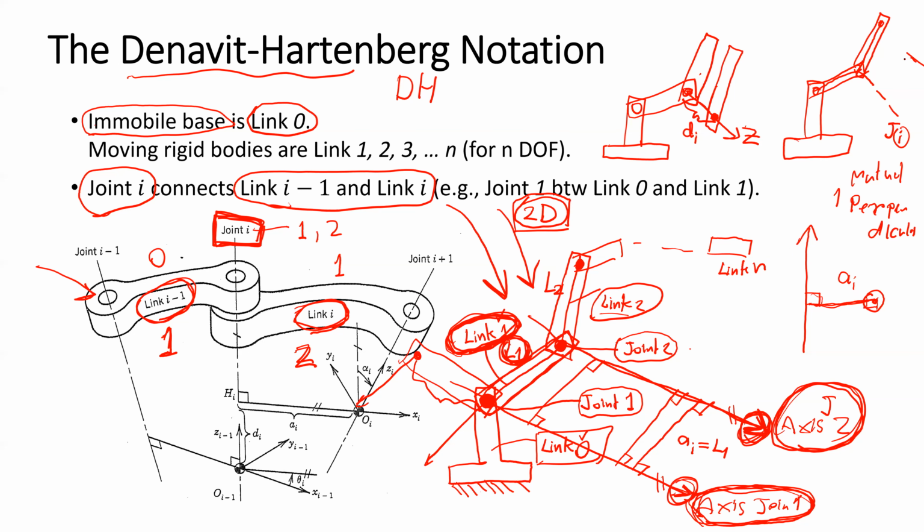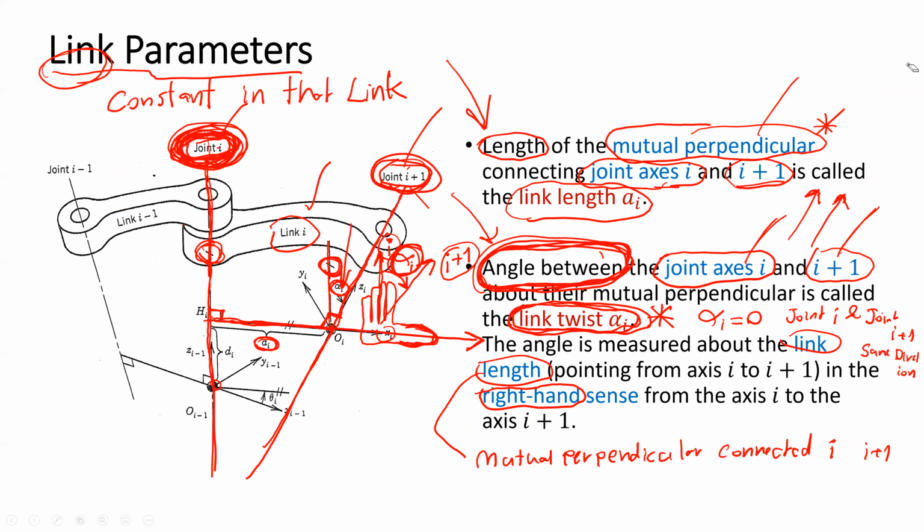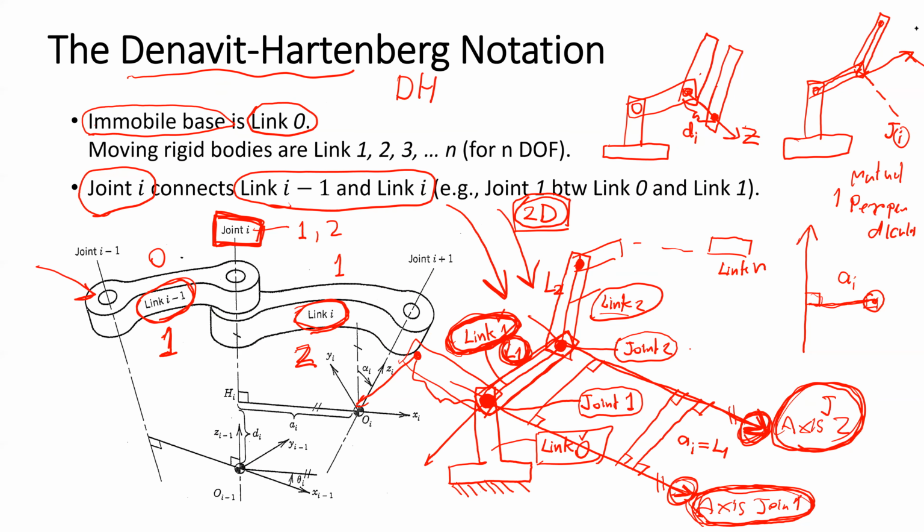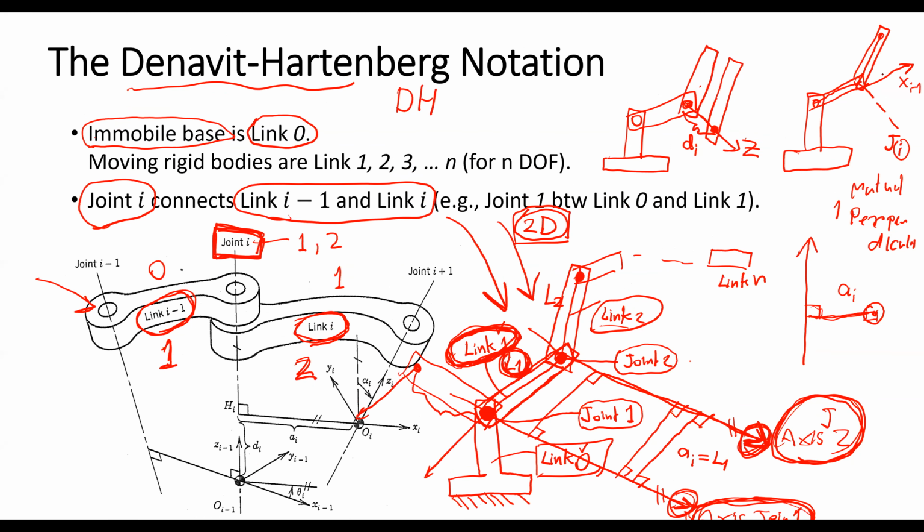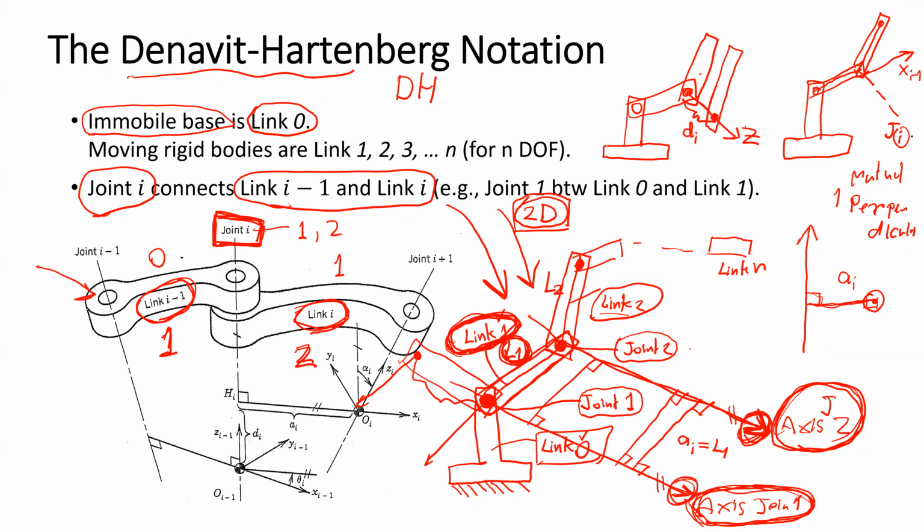The first mutual perpendicular points in this direction, and the other mutual perpendicular points in that direction. So the joint angle is rotated about the joint axis, with the right hand sense. This is the joint angle.